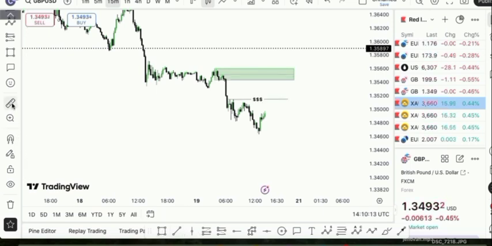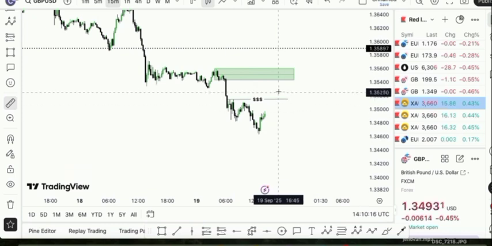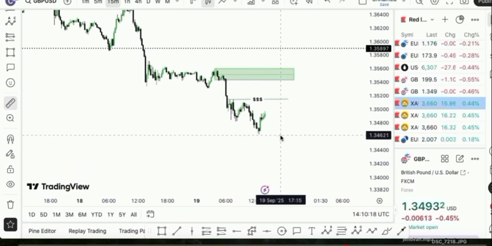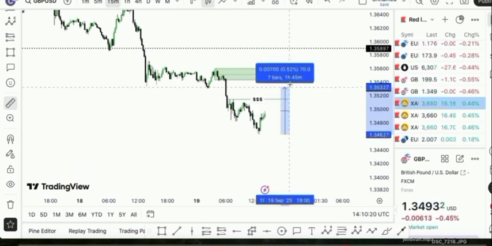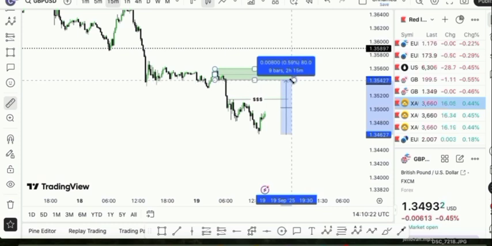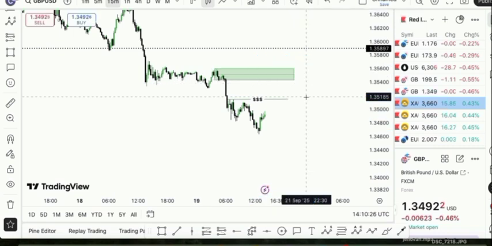If you measure this move, from here to here will give you 80 pips. So 80 pips on a trade that is well calculated with proper risk management is a beautiful trade.